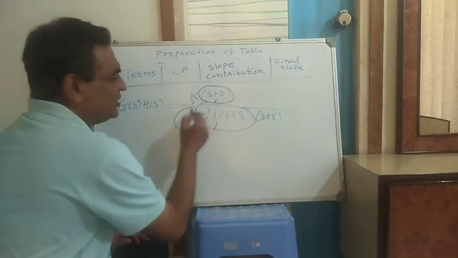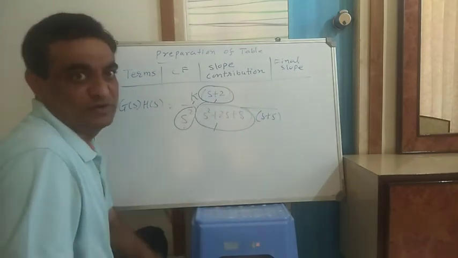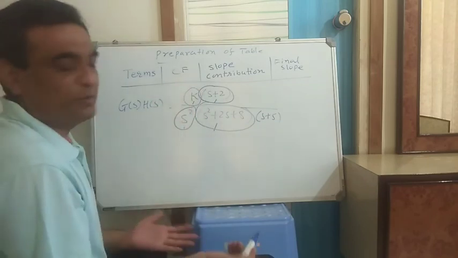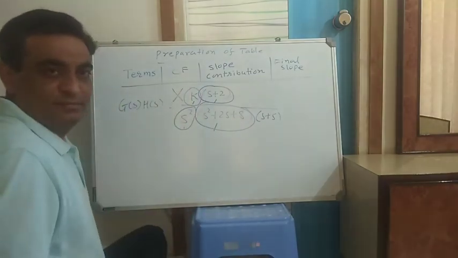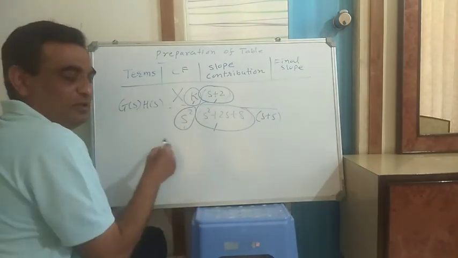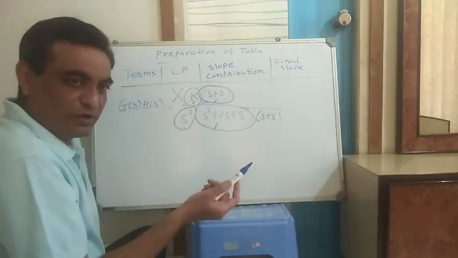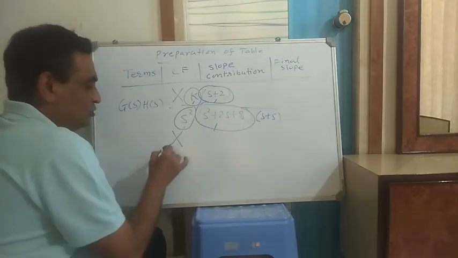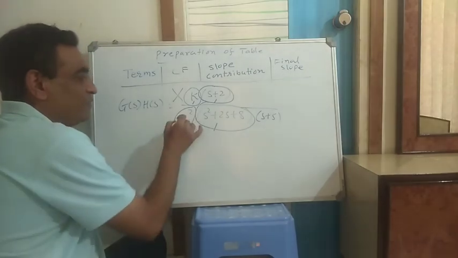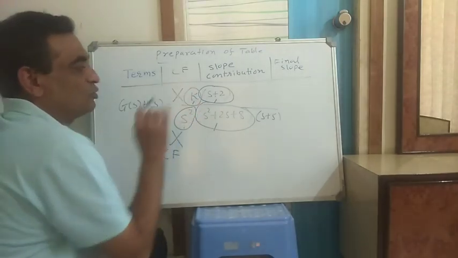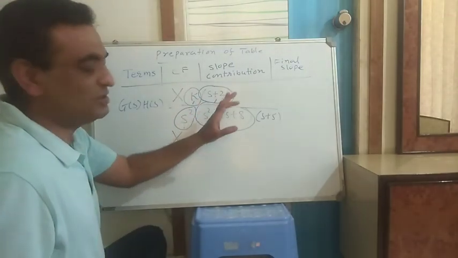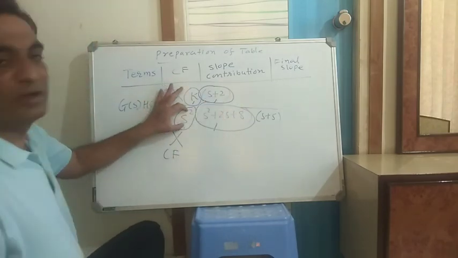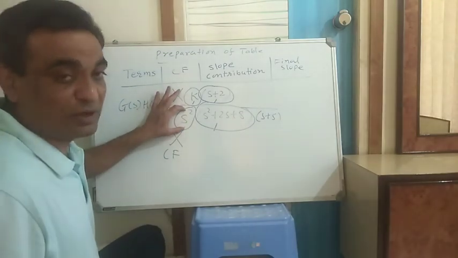Now each and every term is contributing corner frequencies. We know that the steady state gain doesn't contribute to the corner frequency. What about a pole at origin? A pole at origin or a zero at origin, maybe multiple poles, doesn't contribute to the corner frequency. So corner frequency comes from standard first order terms and standard second order terms.